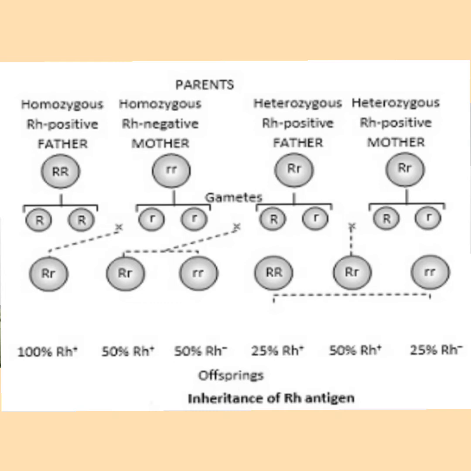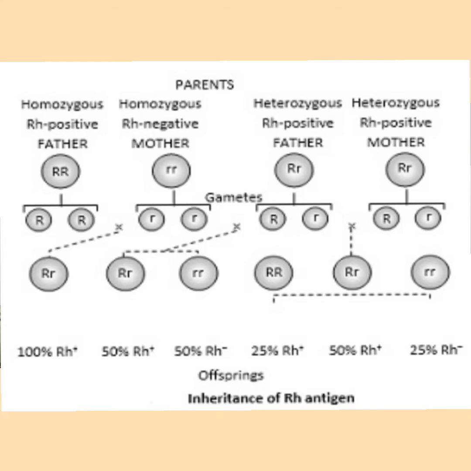If you take the parents as a homozygous Rh negative mother and a heterozygous Rh positive father, the homozygous Rh negative mother is represented as small r small r, and they produce gametes small r and small r. Whereas the heterozygous Rh positive father, which has a capital R and a small r, will produce sperms like capital R and small r.